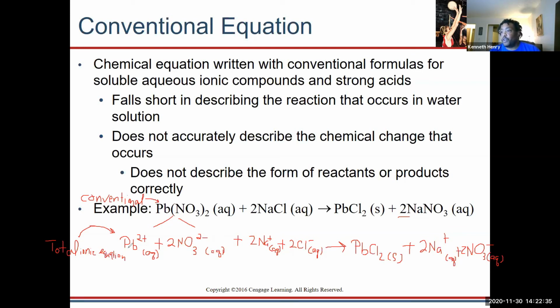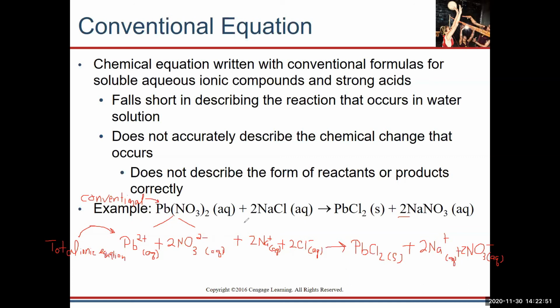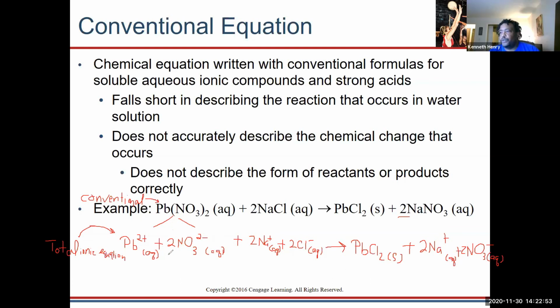Okay, so we have Pb2 plus. Do we see Pb2 plus on the other side of the equation, on the product side? No. We have 2 NO3 minus.